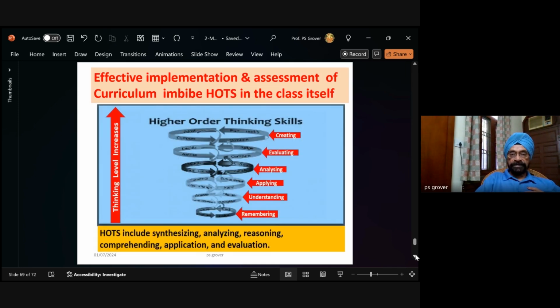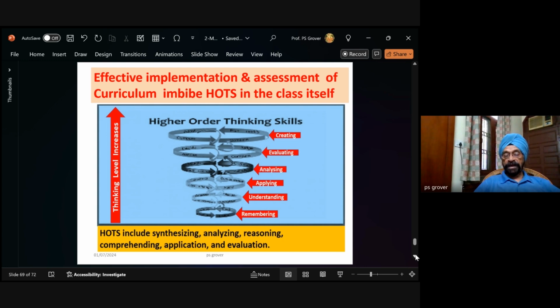So effective implementation and assessment of curriculum imbibe higher order thinking skills in the classroom. See, a curriculum which does not help us to equip the students with those program outcomes which we have intended will not be considered a good curriculum.